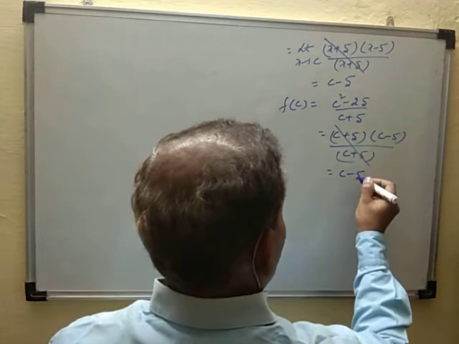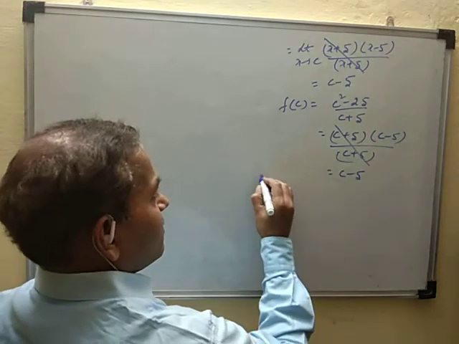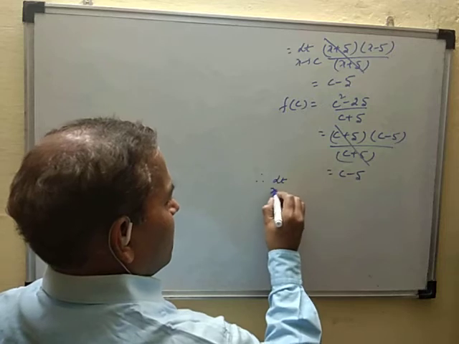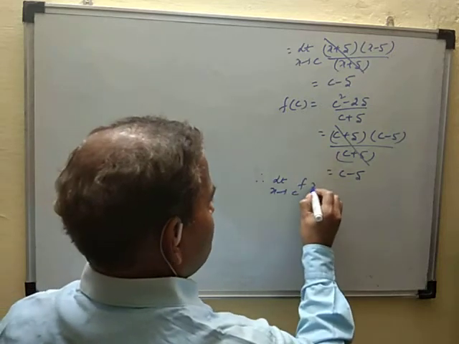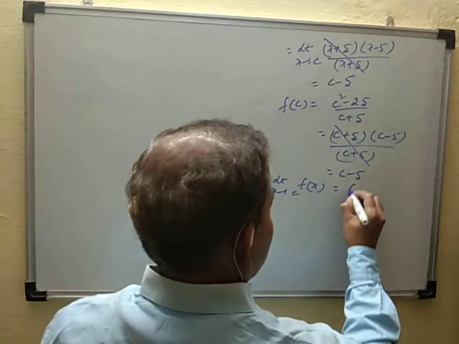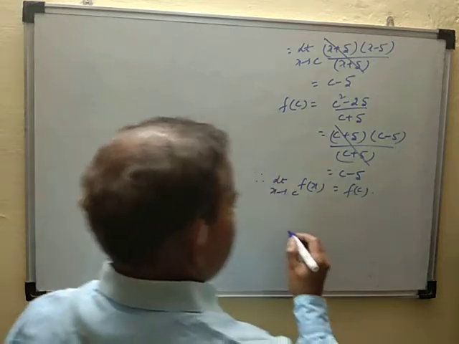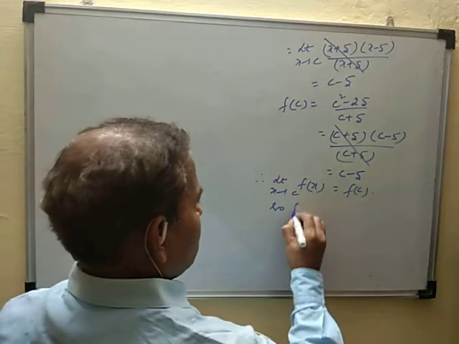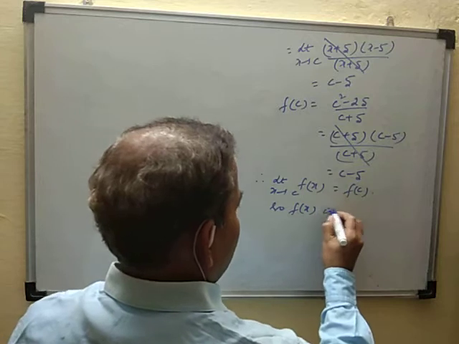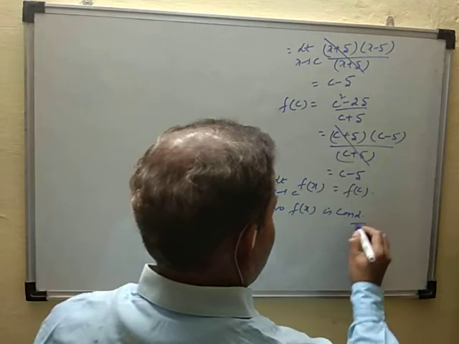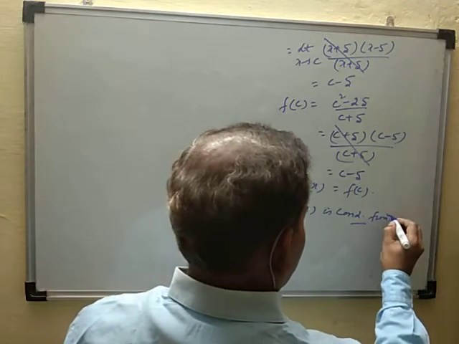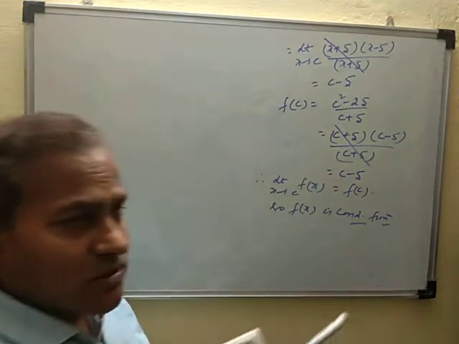So limit value and point function value are also C minus 5. So therefore limit x tending to C f of x is equal to f of C. So f of x is continuous function. So function is continuous.